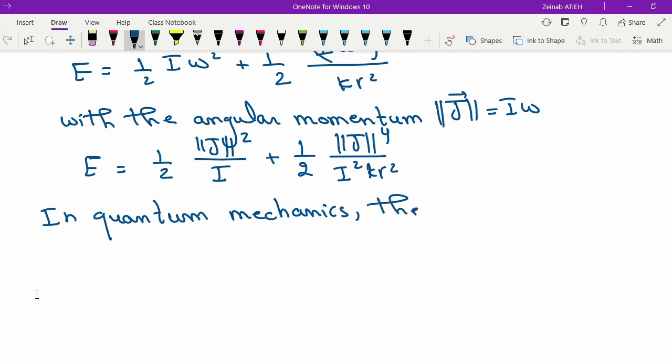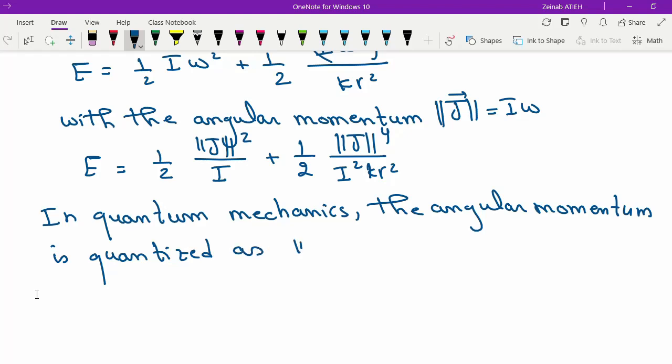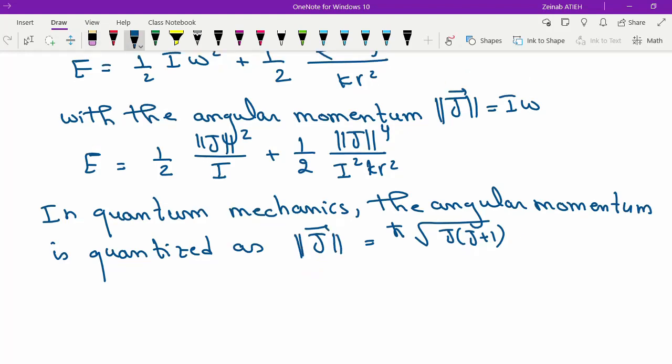The angular momentum is quantized as, so this J, the magnitude of J, is equal to h bar radical J plus 1, where this J here is the quantum number and this is the classical J. So it equals h over 2 pi radical J plus 1.